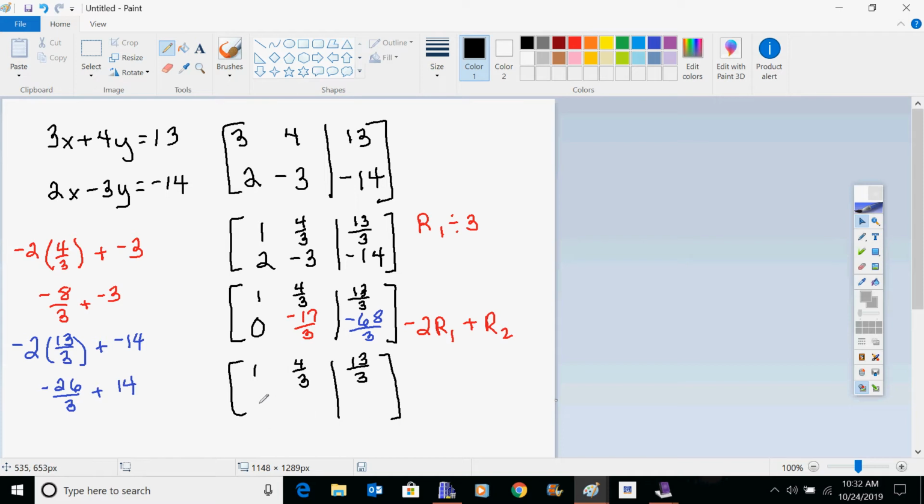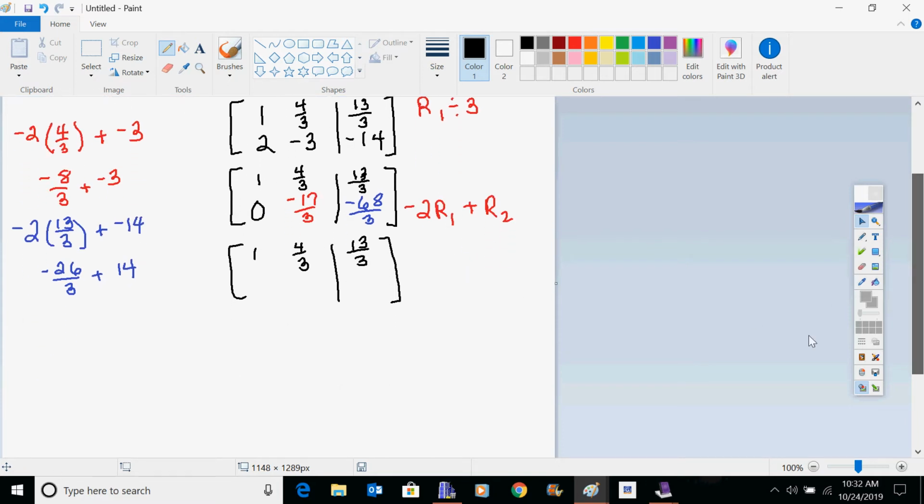Because in echelon form we get 1s down the corner, and the reason that the 1s down the corner are important is that it's going to give you y equals, because 0, and we're trying to get a 1 down those edges. So any ideas on what we can do to this? We can multiply row 2 times negative 3 over 17. Beautiful. So negative 3 over 17, go by reciprocals, times R2.